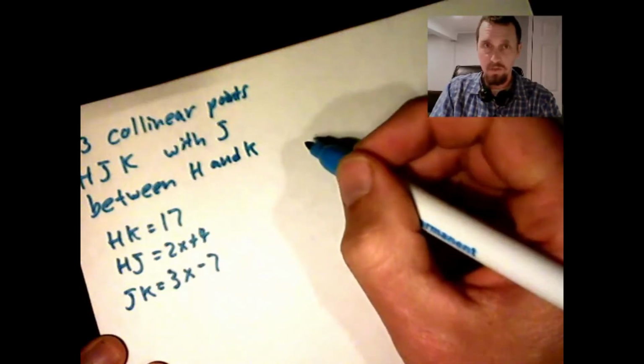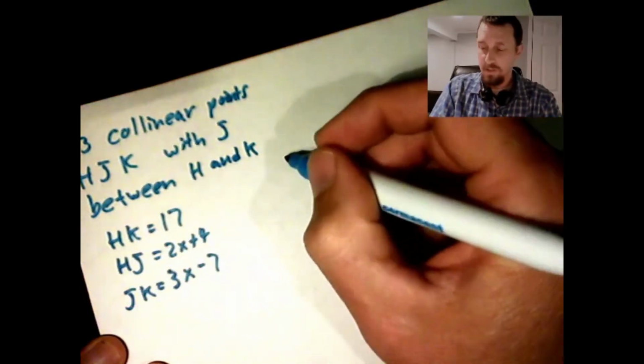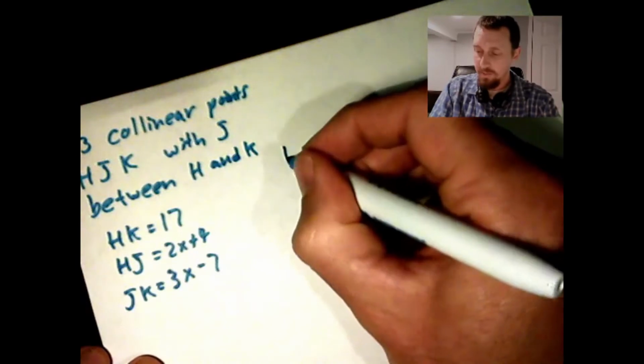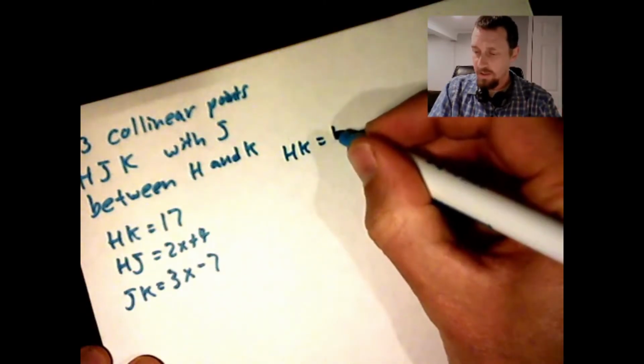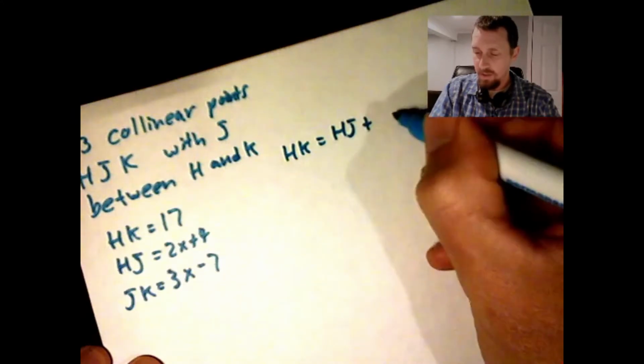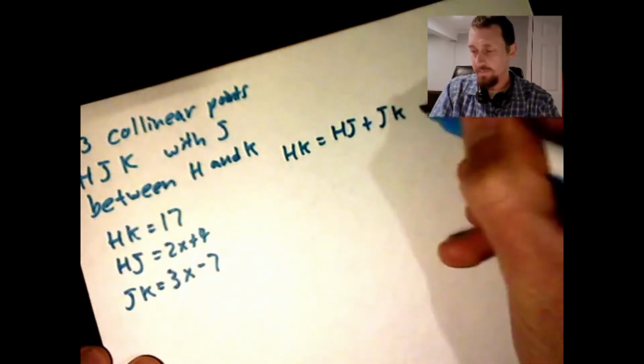I can use the formula for the segment addition postulate, which says that the whole thing, HK, has to be equal to HJ plus JK.